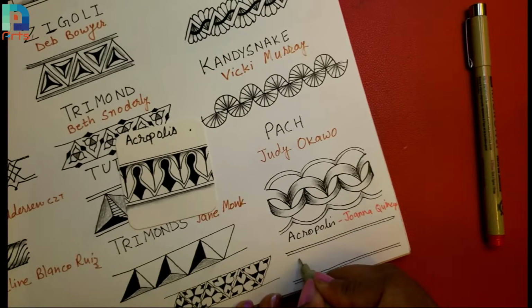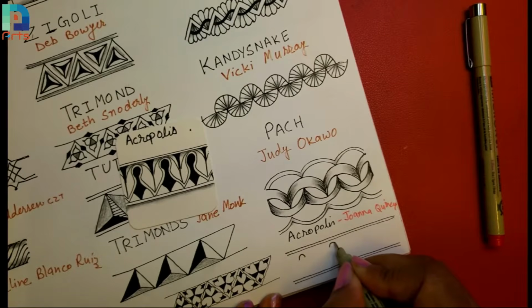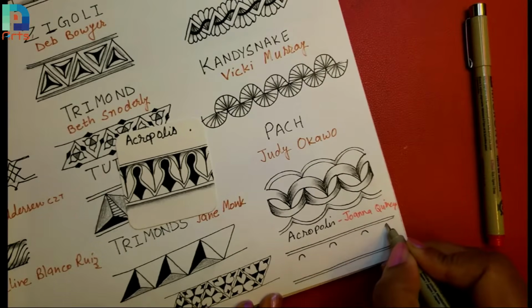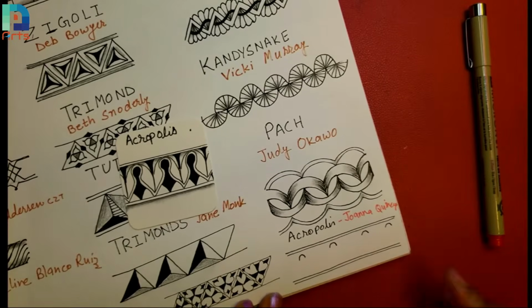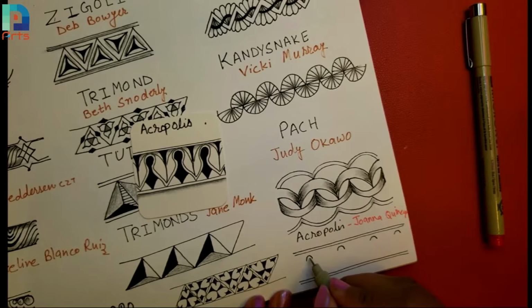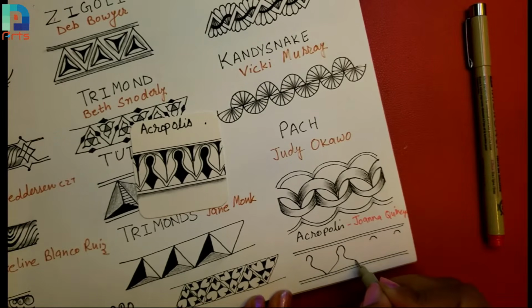How you start is that you leave a little space on the top and then you draw this C curve upside down like this. And then you draw this curvy line going in, coming out like this. Going in, coming out. So it will give you this petal shape.